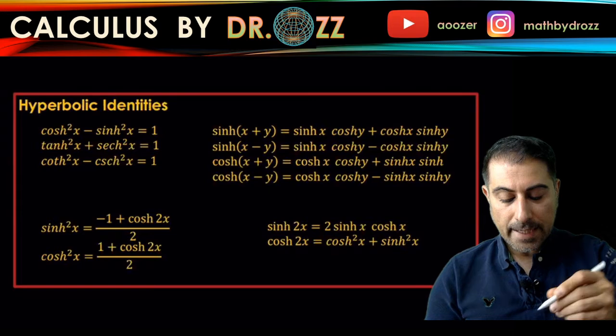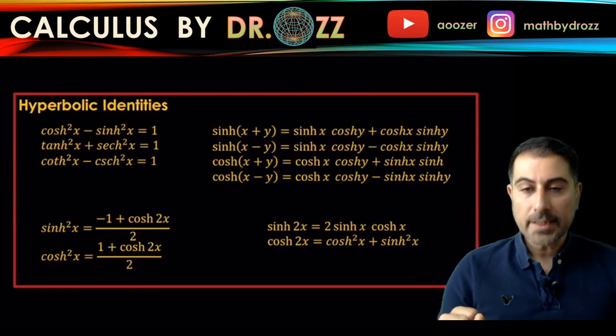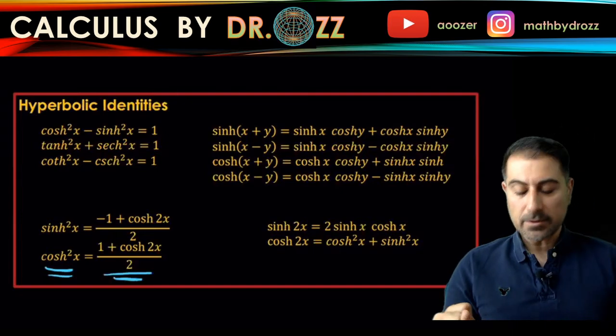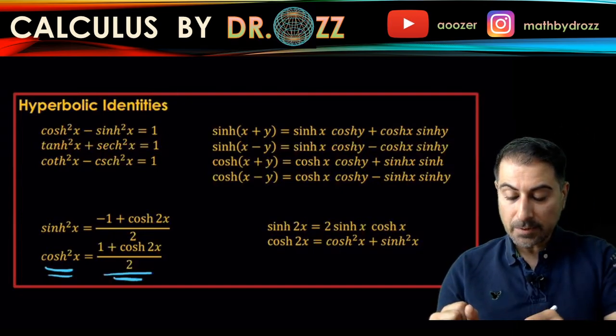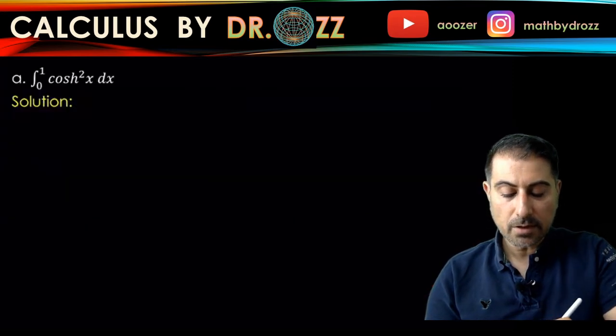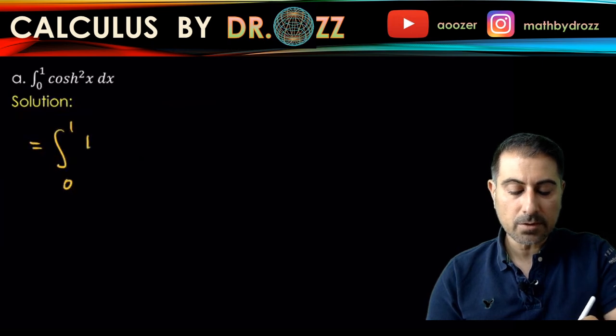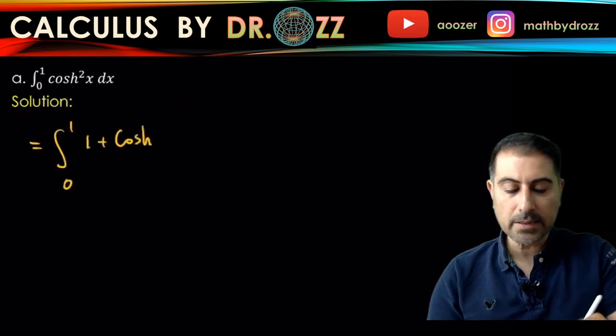Cosine hyperbolic squared x is written as (1 plus cosine hyperbolic 2x) divided by 2. That is exactly what I'm going to use here. So instead of this integral, I'm going to write the integral of (1 plus cosine hyperbolic 2x) over 2 dx.